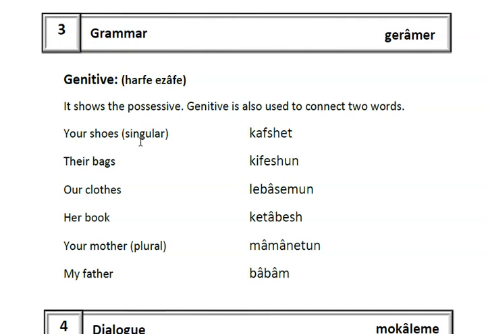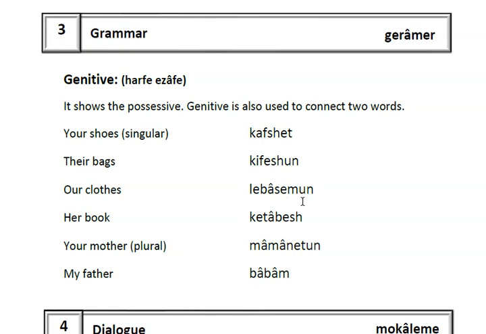Let's take a look at some examples. کفشت means your shoes. کیفشون. We use it to connect two words. کیف آنها, the brief form of it is کیفشون. کیفشون means their bags.